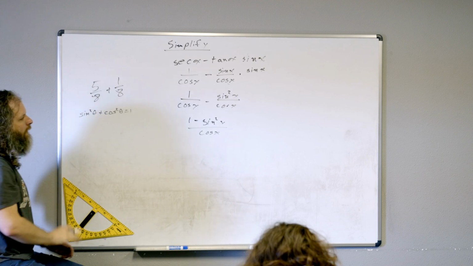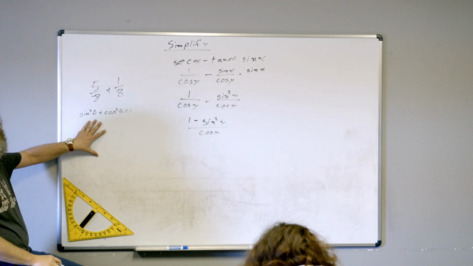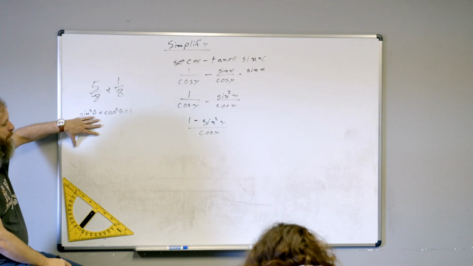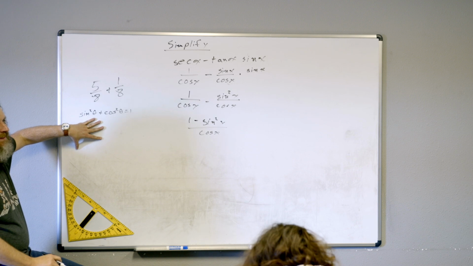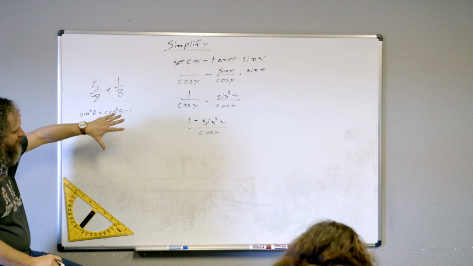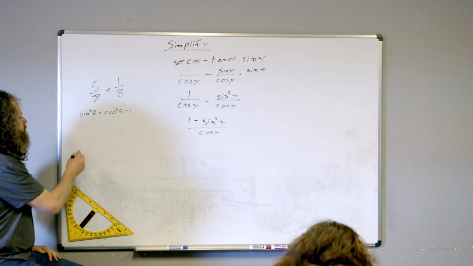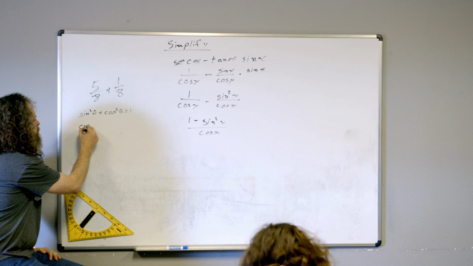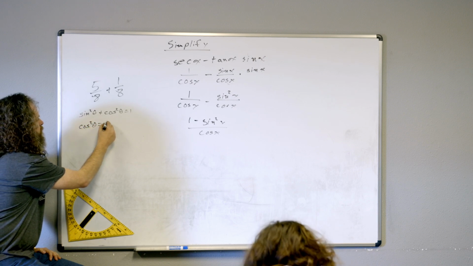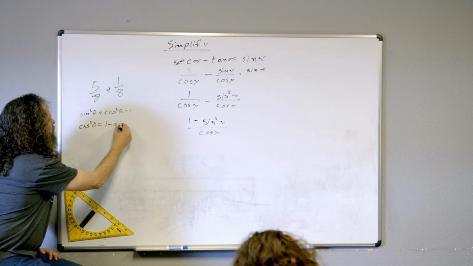We don't quite have exactly that yet. Could we manipulate this to make it look like something that's there? Yes. Can we add the 1? We don't have an equal sign. Can we subtract 1?